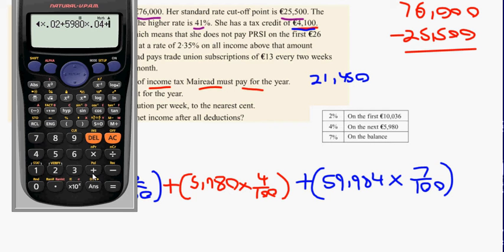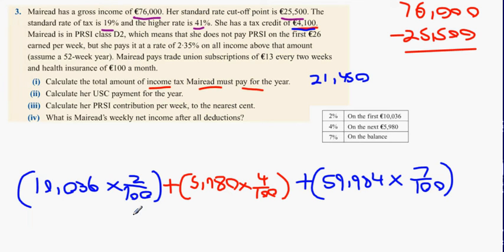And then 7% of the balance, which is going to be 59,984 multiplied by 7%, 0.07. And what we get there is going to be 4,638.80. Okay, so that's the amount of USC we're paying.